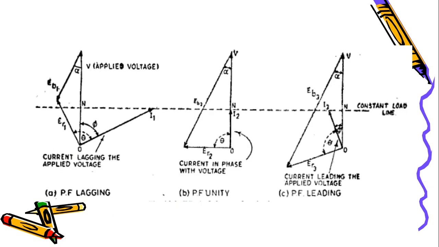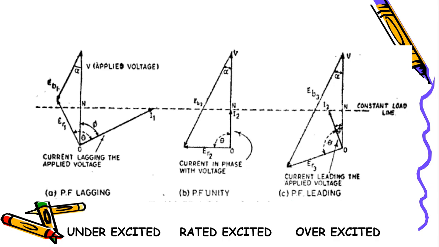So to summarize, lagging power factor is available, unity power factor is available, leading power factor is available, only by changing the excitation. Under excited synchronous motor will become a lagging power factor load. Rated excited synchronous motor will work as a unity power factor load, and over excited synchronous motor will work as a leading power factor load.